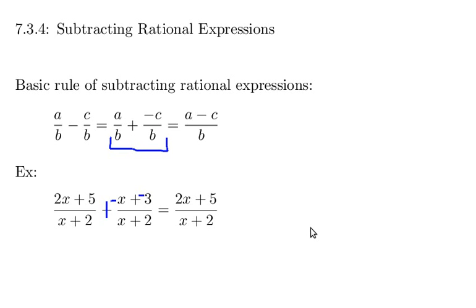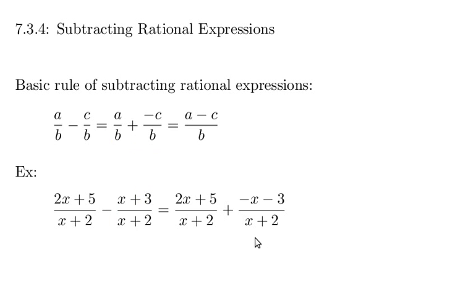So (2x + 5) over (x + 2) plus, now I'm doing a plus instead of a minus, (-x - 3) over (x + 2). All I did here was change the minus to a plus and then change the signs of every individual piece.